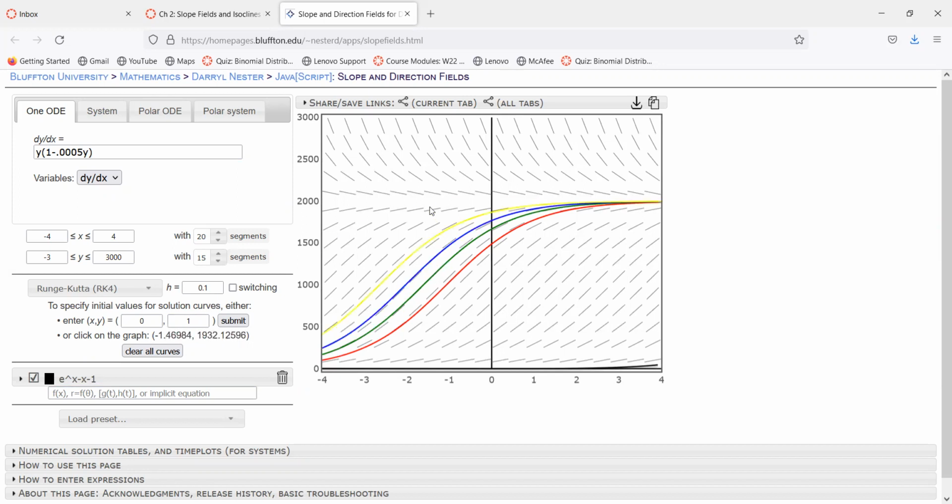As we get closer and closer to the horizontal line n equal to 2,000, where the slope is 0, the solutions are converging to this line.